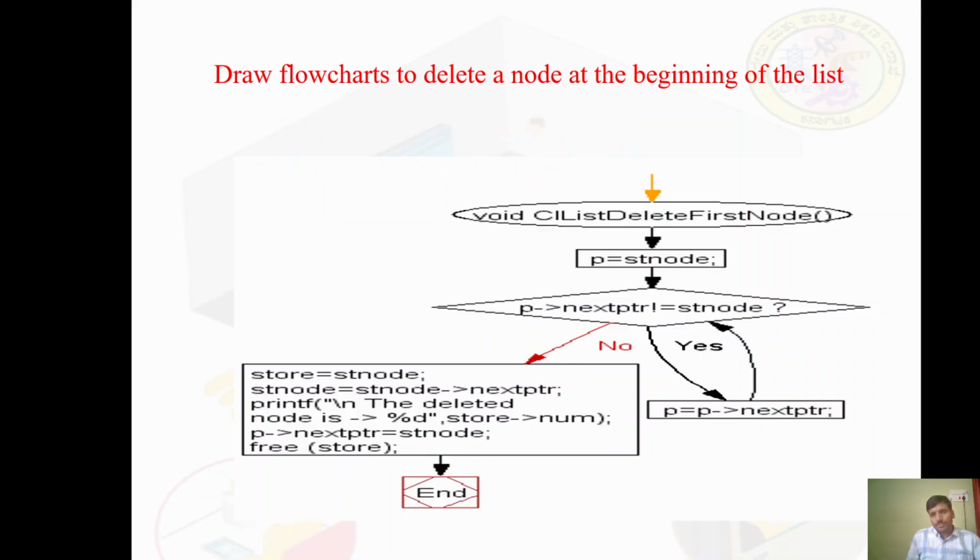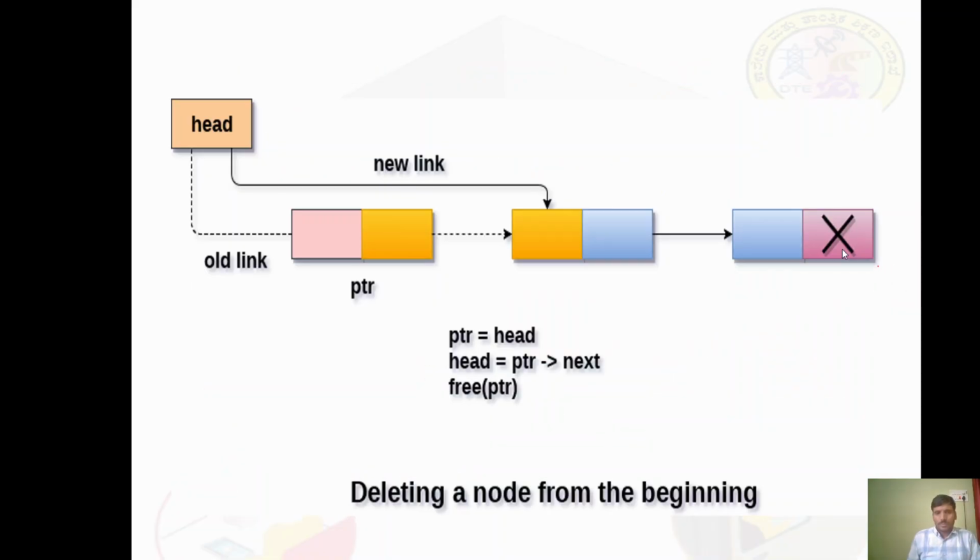Okay students, see here. Head is initially pointing to the first node, and here is the pointer. So pointer equal to header, and header equal to pointer next.